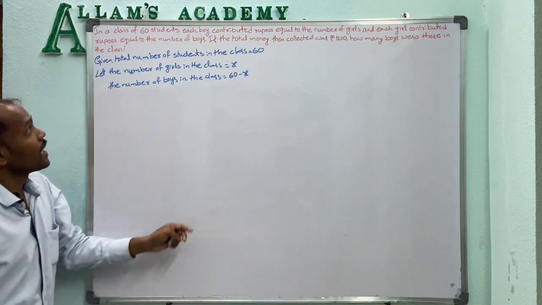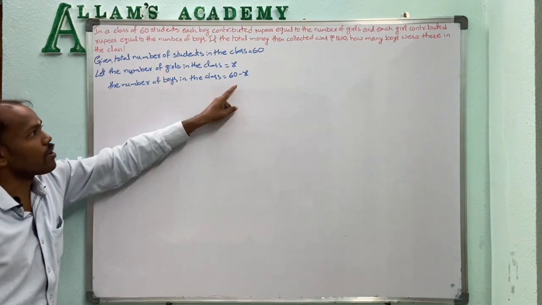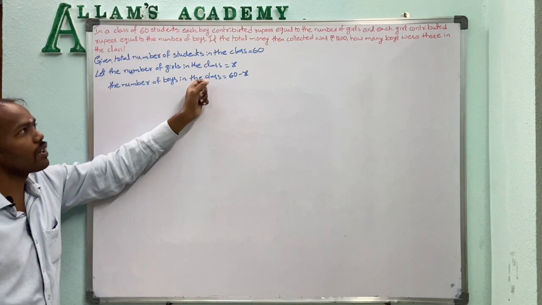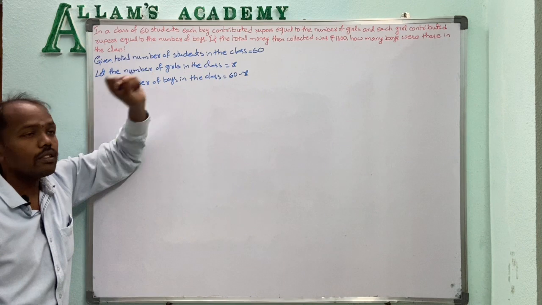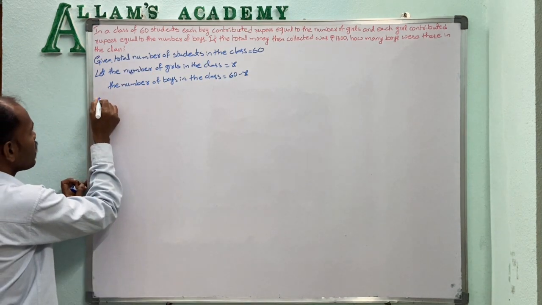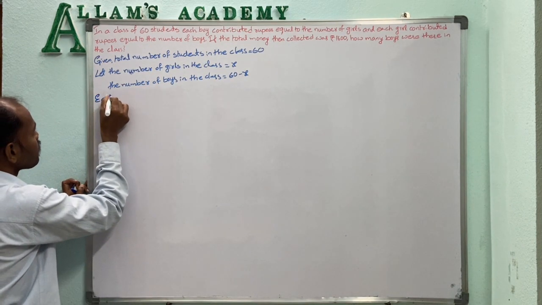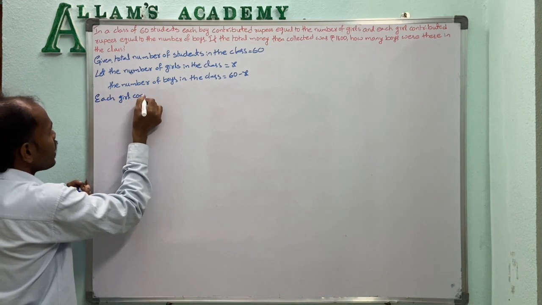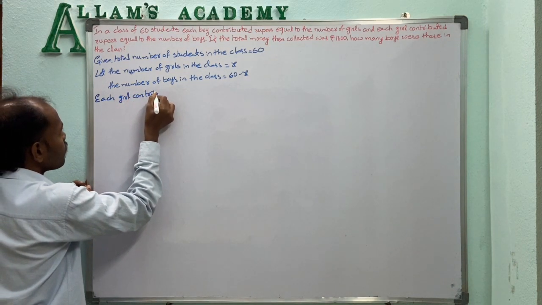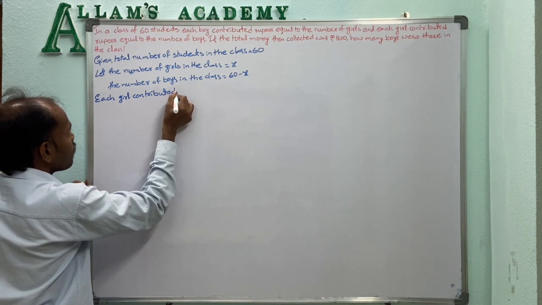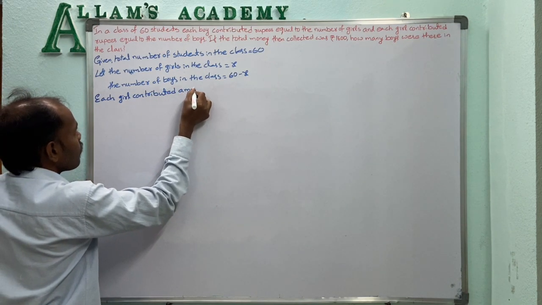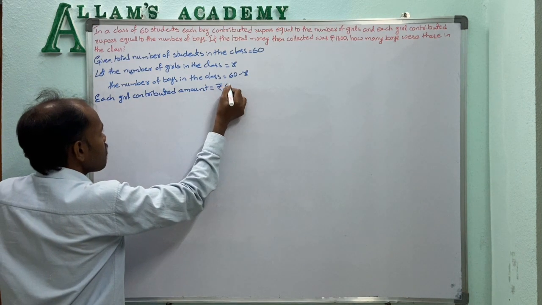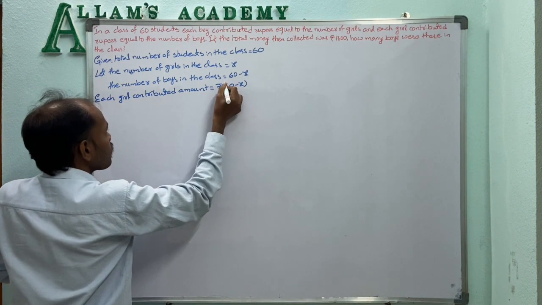Now each girl contributed an amount of 60 minus x rupees, and each boy contributed an amount of x rupees. So each girl contributed an amount equal to the number of boys, that is 60 minus x rupees.